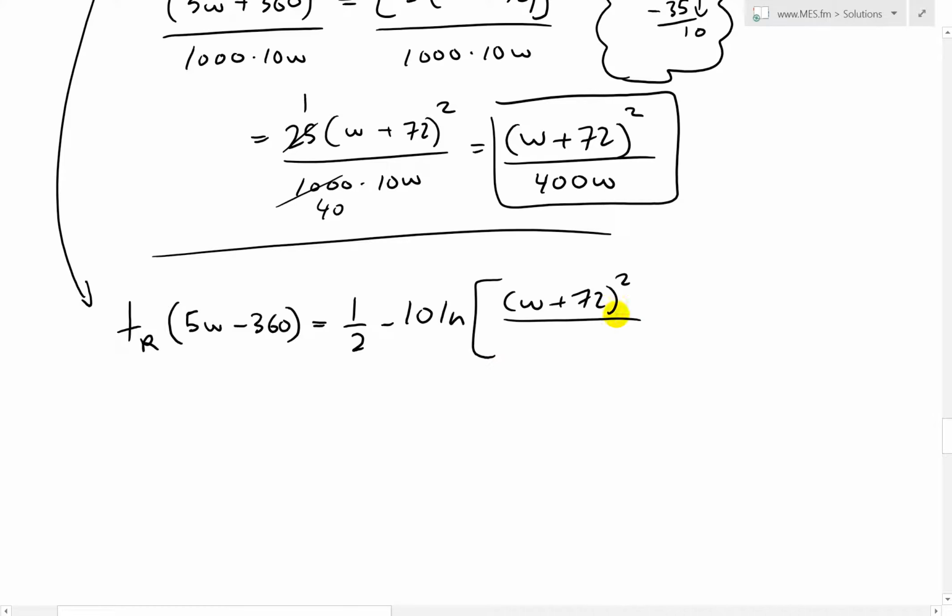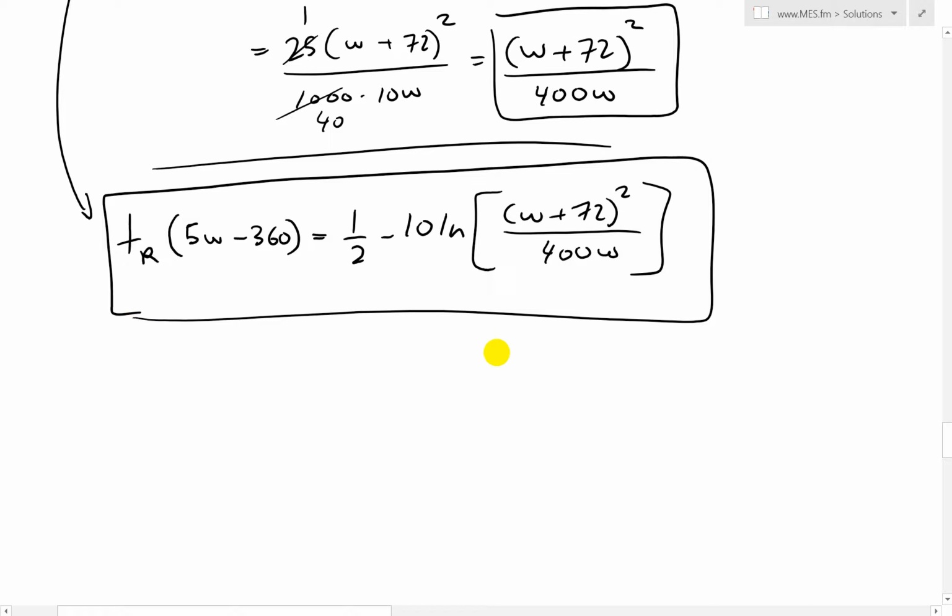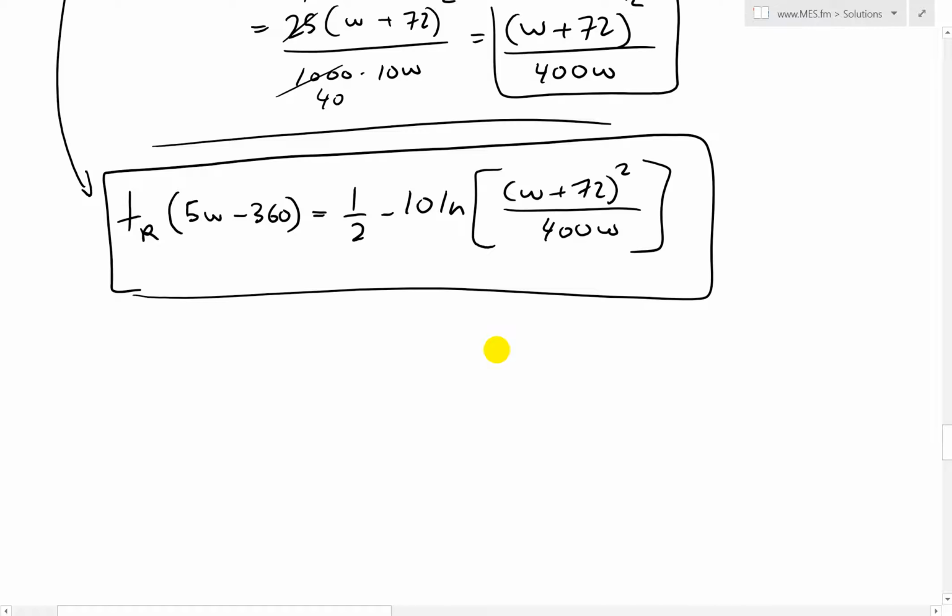Erase this. So this is now our formula for the relay time at the minimized distance, 5W minus 360.